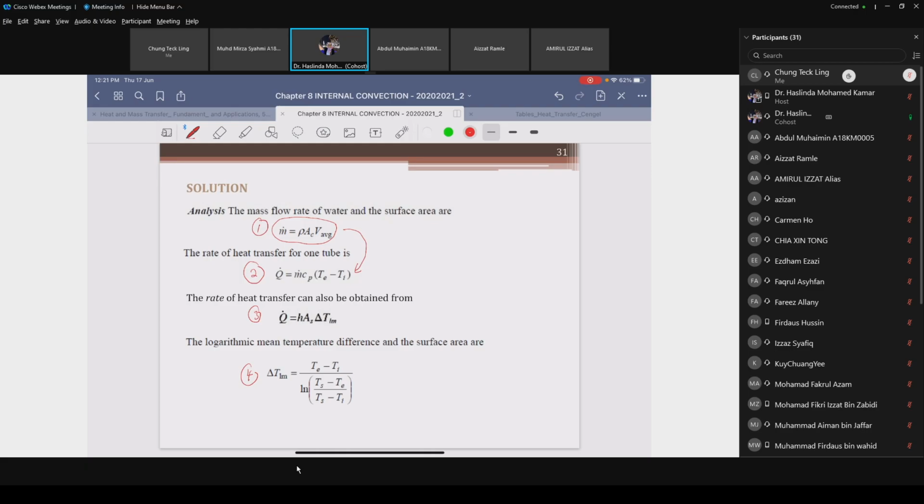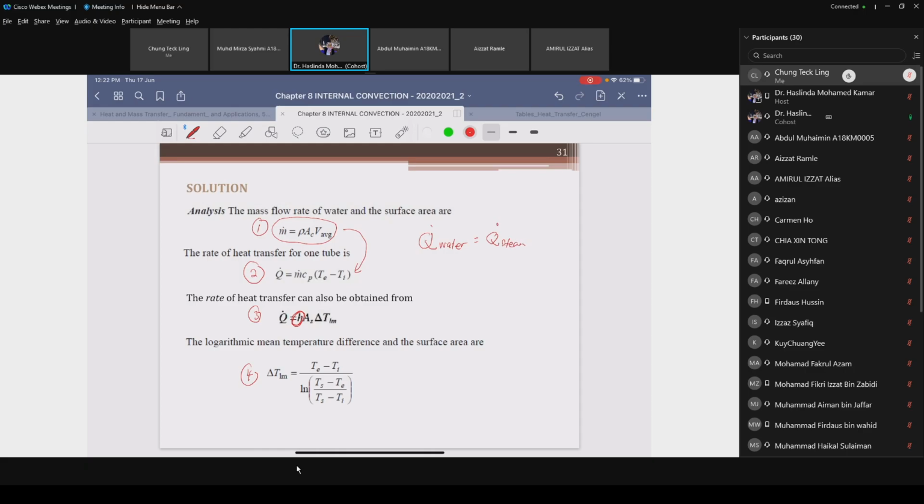Okay, so the reason I want to determine H, betul? Because, can you see, the Q due to the water is equal to the Q from the steam.